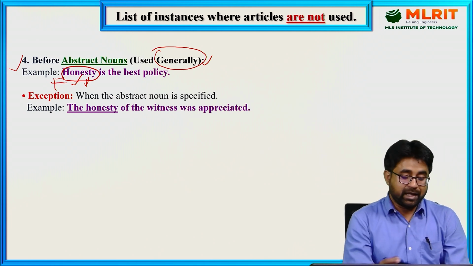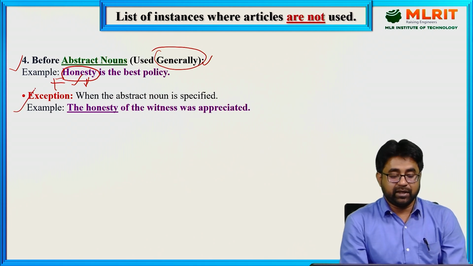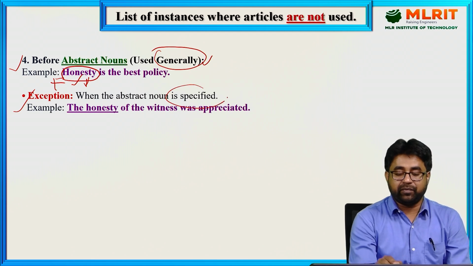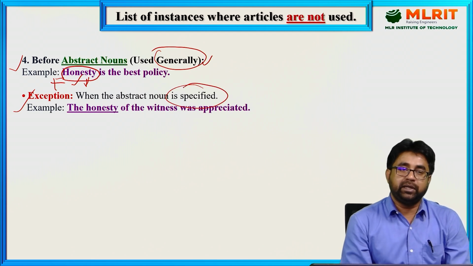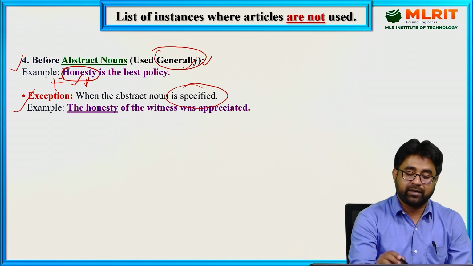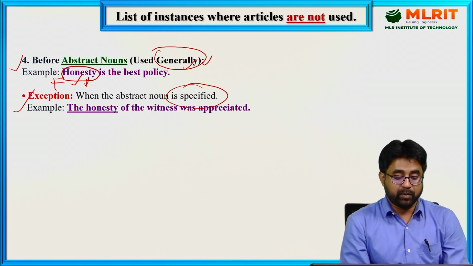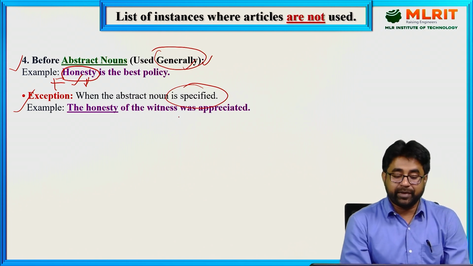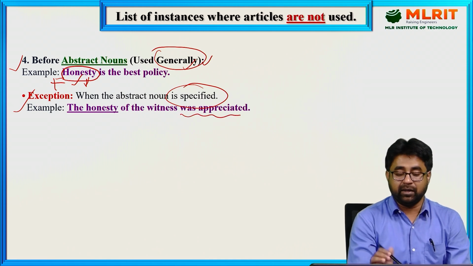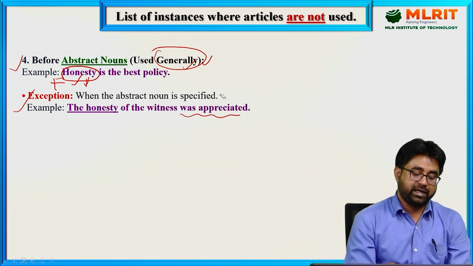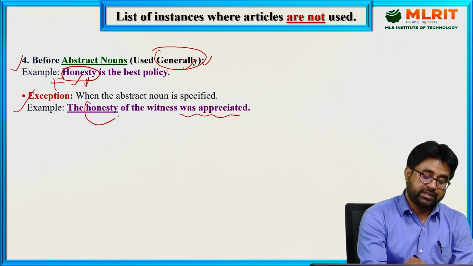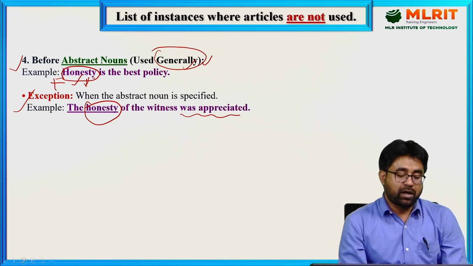Now there would be an exception, as you can see here, when the abstract noun is specified. Sometimes we can use an abstract noun in a specific sense also, not in a general sense. See the sentence, it would be more clear. The honesty of the witness was appreciated. The honesty of the witness, right? Now you can see honesty, the same abstract noun, but here I am using an article.